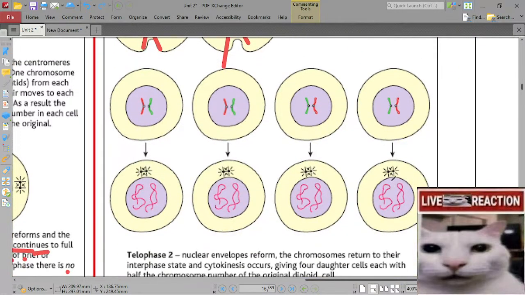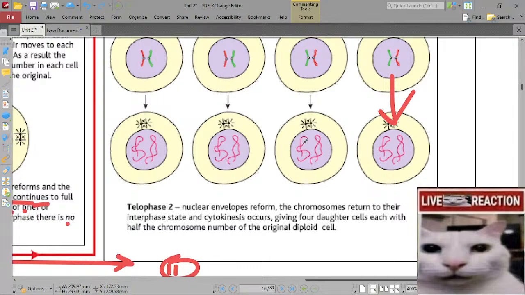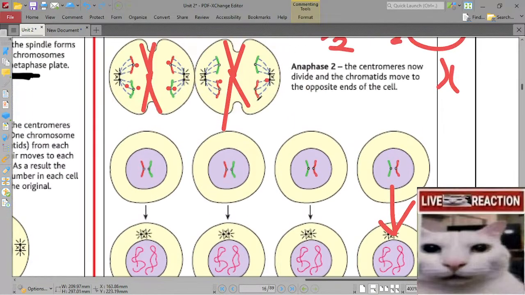Anyway, so then these unravel. So this is telophase two, where I would say telophase two should actually be in between these two spots.